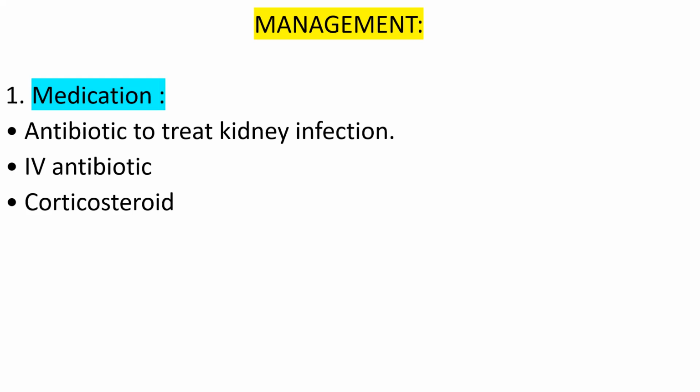Yes, very good. It's given for inflammation. Corticosteroid means if your kidneys are very much inflamed, then obviously your doctor or physician will prescribe you this corticosteroid. When a person has inflammation in the kidney, a corticosteroid drug is prescribed. So that's all about the medication.